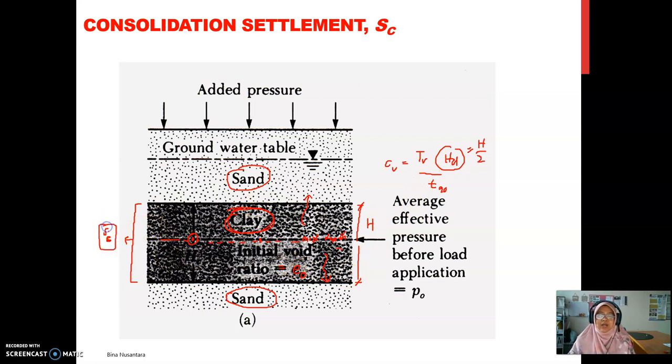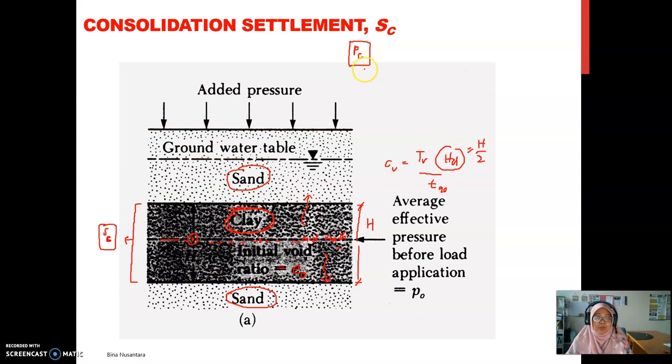So how do we obtain the primary consolidation settlement? First and foremost, we need to know the history of the soil. We previously learned how to obtain the pre-consolidation pressure. This is the pressure that has been experienced by the soil previously.